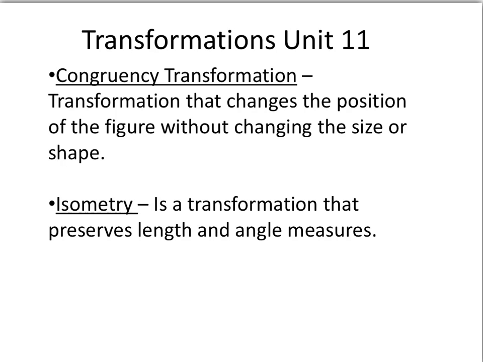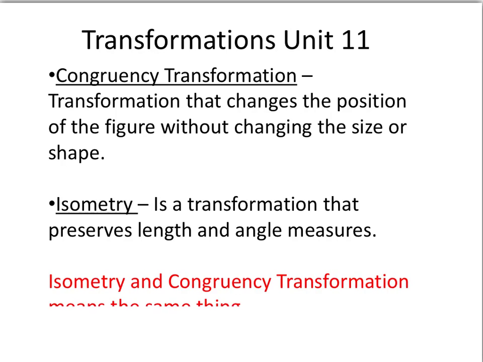Because an isometry preserves lengths and angle measurements, and a congruent transformation keeps it the same size and shape, an isometry and a congruency transformation basically mean the same thing. So if they say isometry, they're just saying it keeps itself the same size and shape. The pre-image and the image will both be congruent to each other.